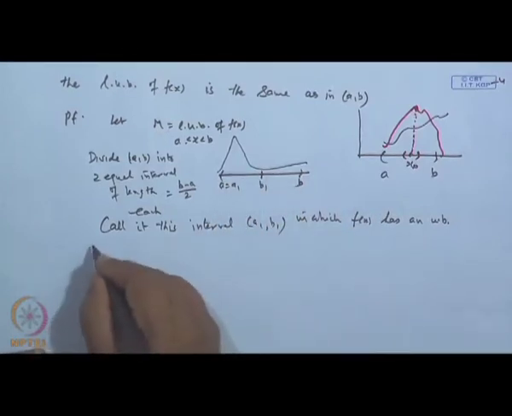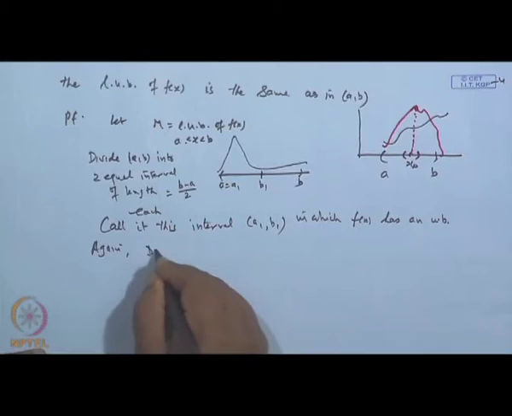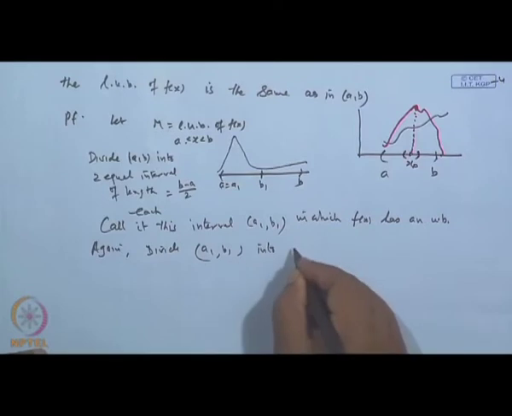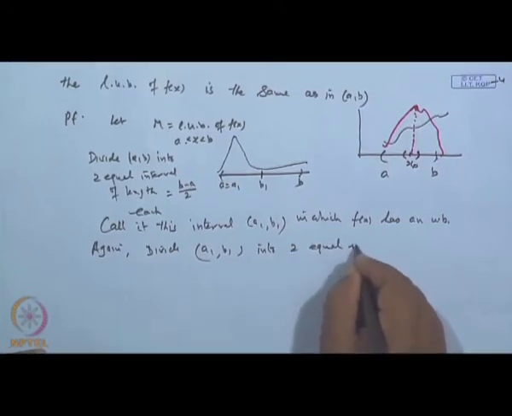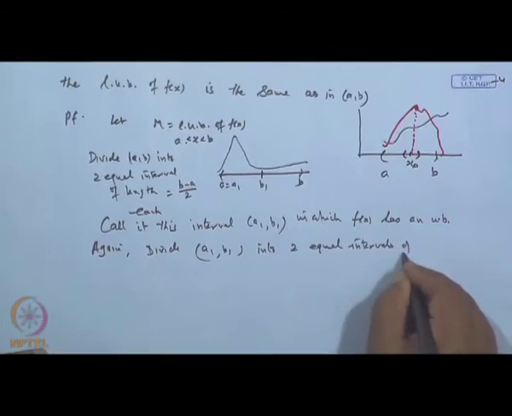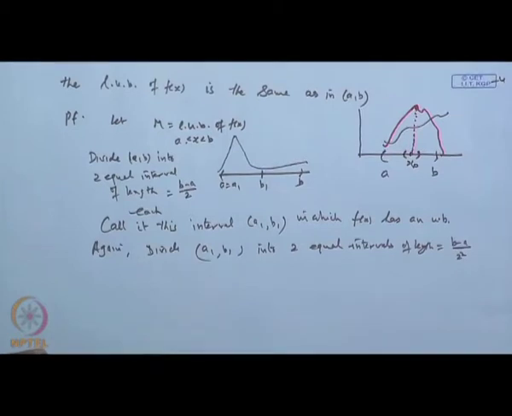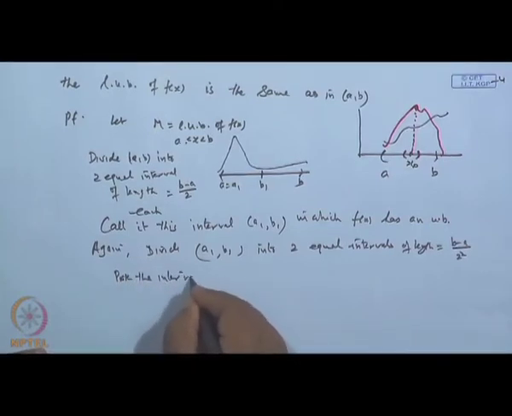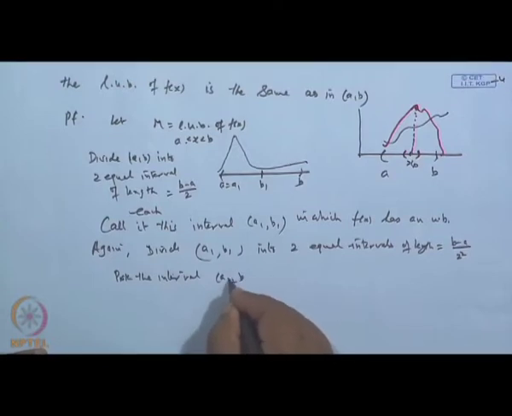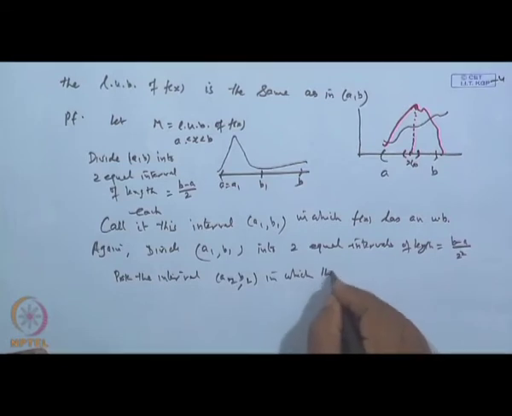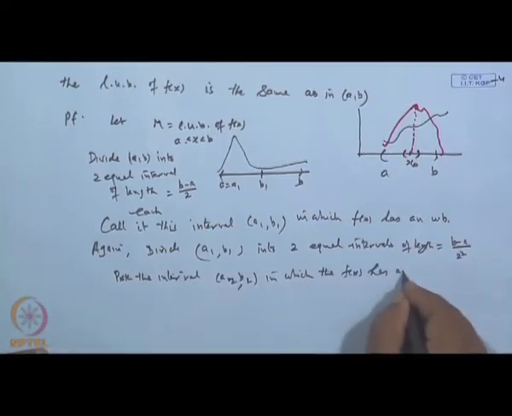Now, further again divide the a1 b1 interval into two equal intervals of length (b minus a) by 2 squared, and then pick up the interval, say a2 b2, in which the function f(x) has an upper bound.